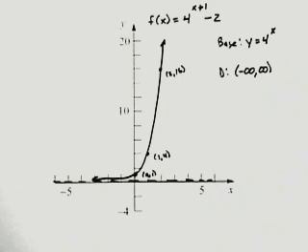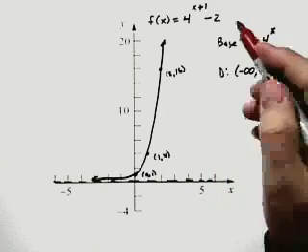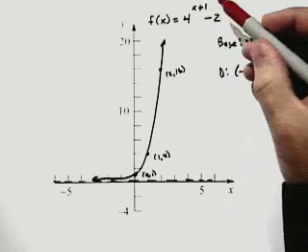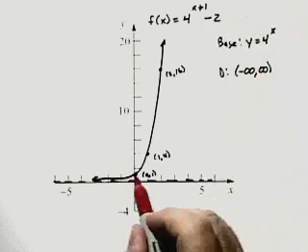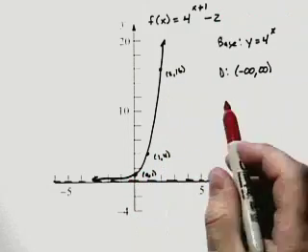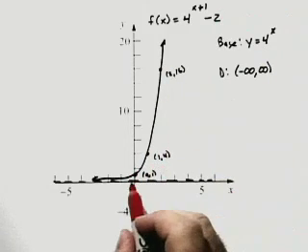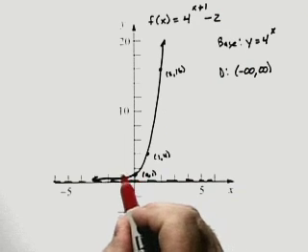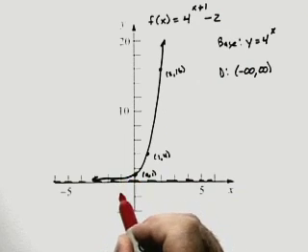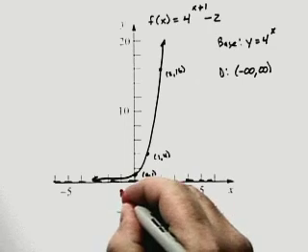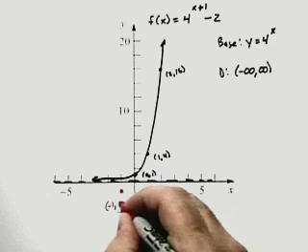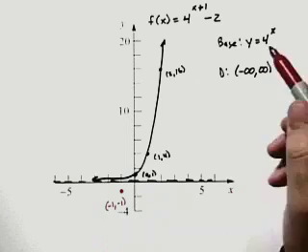Now, to get the graph of our given function, f of x, we're going to apply some transformations. We're going to go left 1 unit and down 2 units. So we'll use each of the 3 points that we've plotted on our base function and apply the transformations. Starting at the point 0, 1, we'll go left 1 unit, down 2 units, and we get the point negative 1, negative 1.